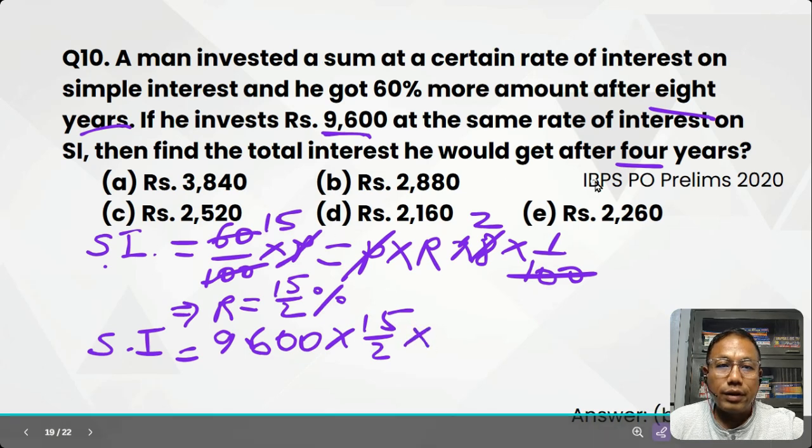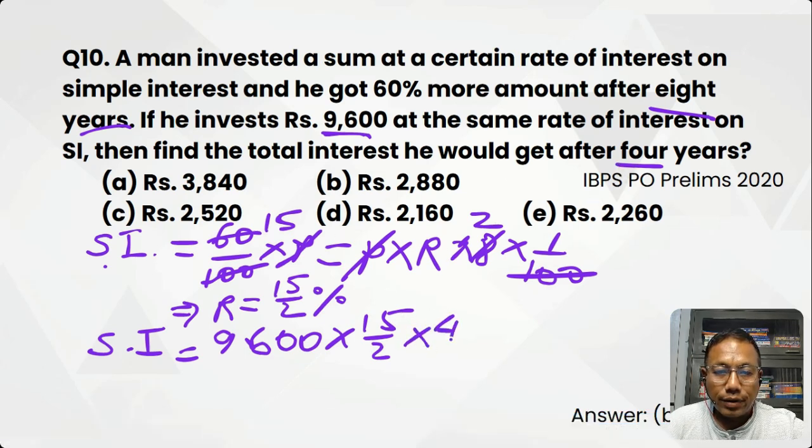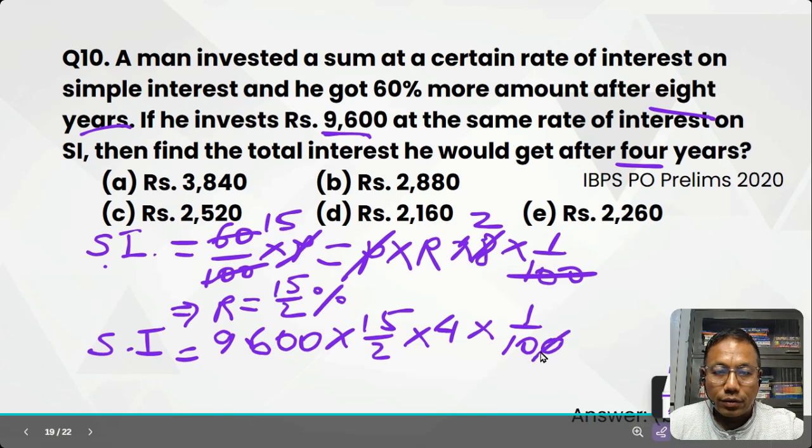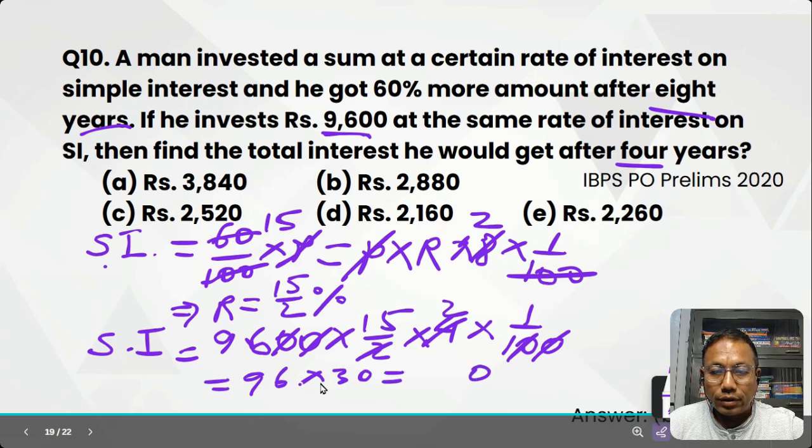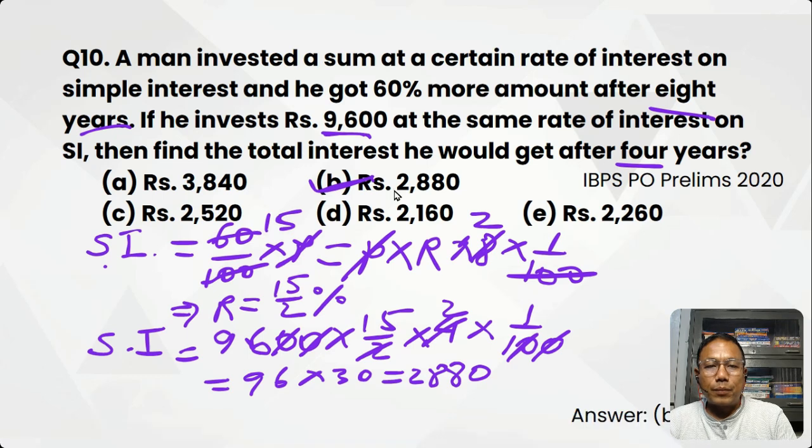T is 4 years. Cancel 0, 0. 2, 2 are 4. 96 into 15 into 2 is 30. 6 threes are 18, 1 in hand. 9 threes are 27, 28. Simple interest is 2880. Option B is the right answer.